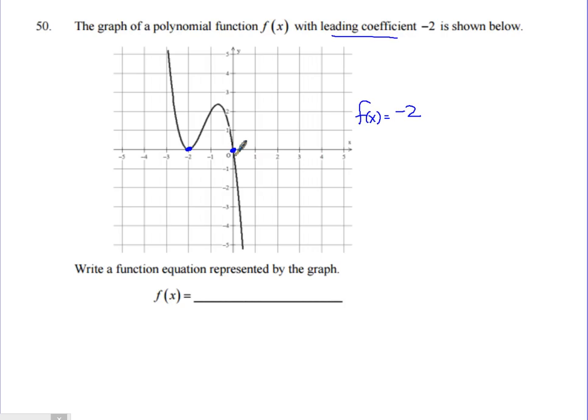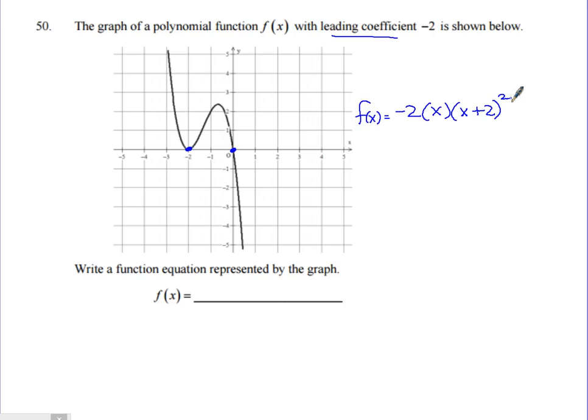At this 0, it only happens once. So x only occurs one time, and it's just x plus 0. There's no plus or minus there, it's just x. Here, if -2 is our 0, then our factor is x plus 2. Now, because it bounces off there, I know that it has a multiplicity of 2.